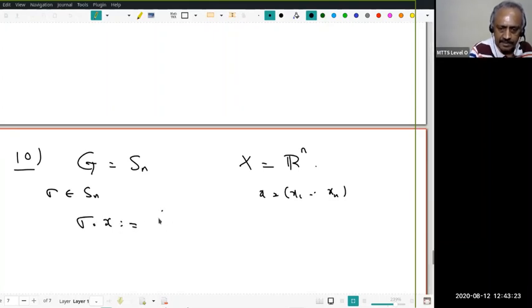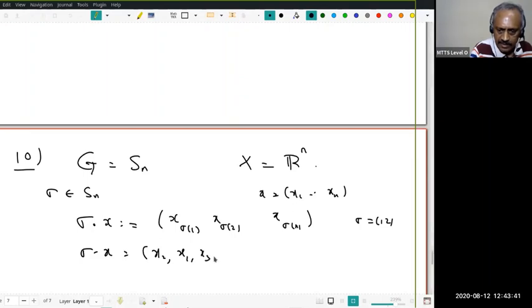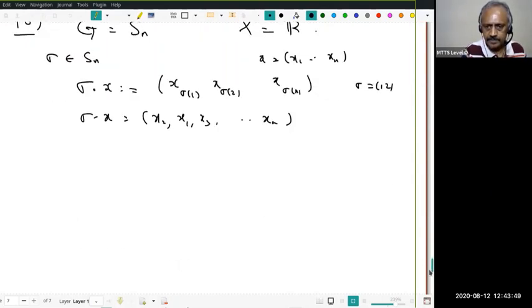What is the definition? Sigma acts on the indices, that is, (x of sigma 1, x of sigma 2, ..., x of sigma n). For example, if sigma is the transposition (1 2), then sigma dot x will be (x2, x1, x3, and so on, xn). The rest are left fixed, whereas x1 and x2 are interchanged, flipped.